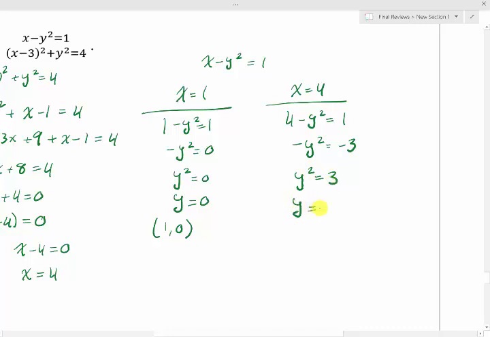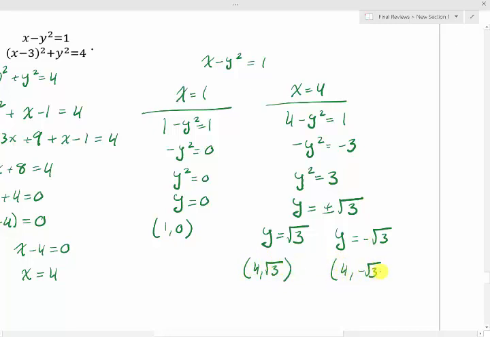So y equals plus or minus the square root of 3. So we're actually getting two different y values for this one x. So at x equals 4 and y equals the square root of 3, and x equals 4 and y equals the negative square root of 3, which is really nice. And these are our three answers.